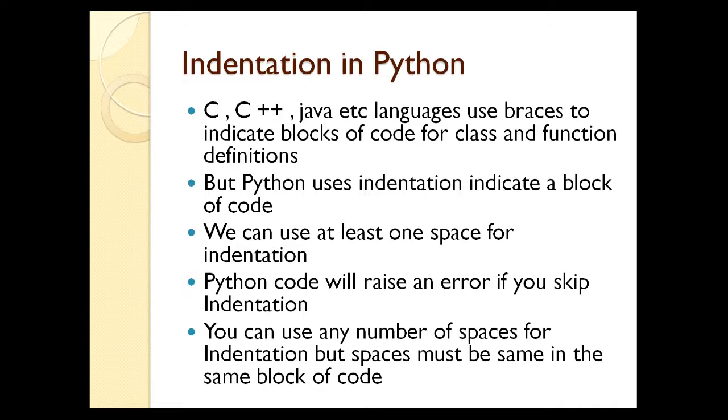But in Python we use indentation to indicate a block of code. We can use at least one space or more, but the same number of spaces must be used throughout that block. Python will raise an error if you skip indentation, and you can use any number of spaces, but the spaces must be the same in the same block of code.